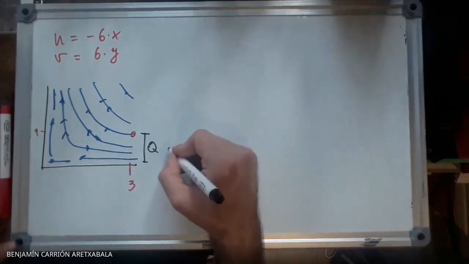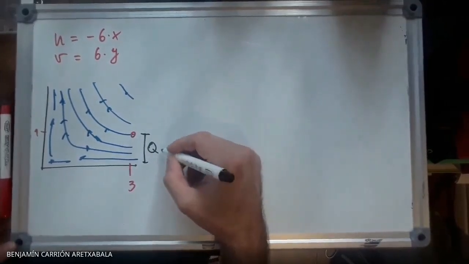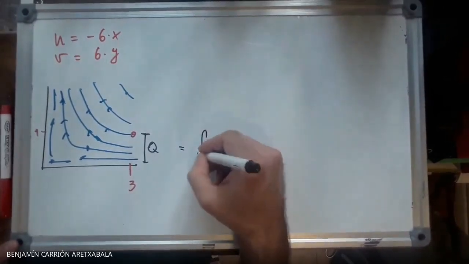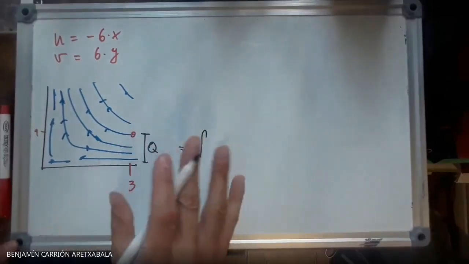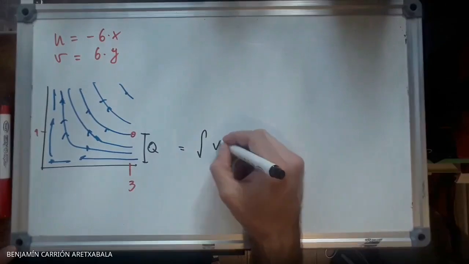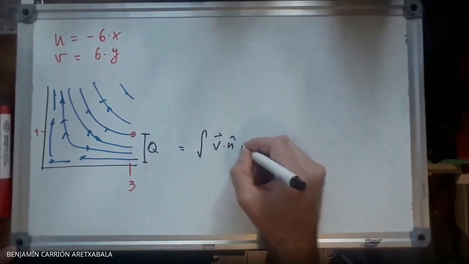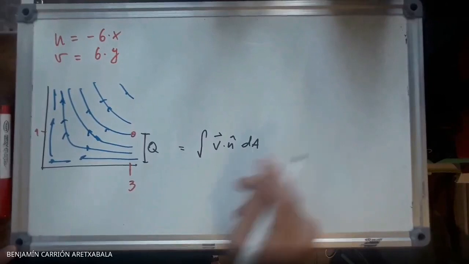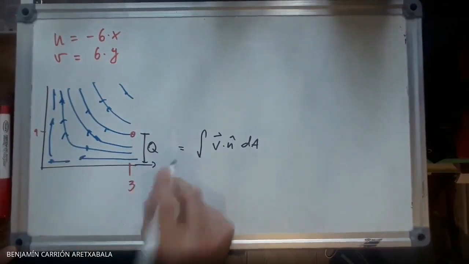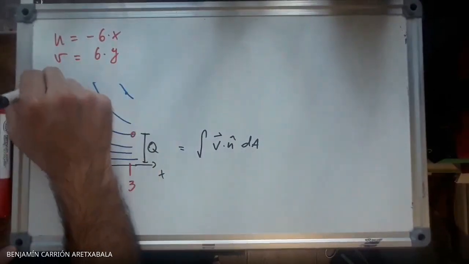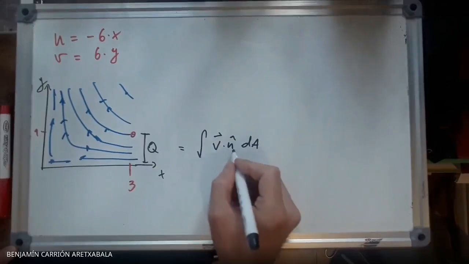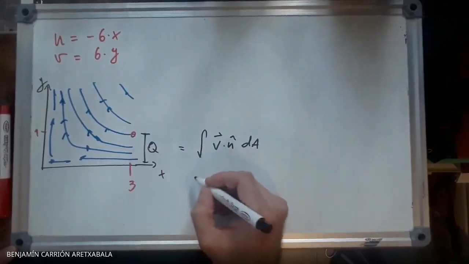Okay, let's integrate this. So Q, the volumetric flow, is going to be equal to the integral. Since we don't mind about rho, about density, because density is constant, we can take it out. So it's going to be V times the normal over the area. And let's just assume a 1 meter width of this flow. This is a horizontal flow, right? So V times normal, that's just the horizontal velocity, right?